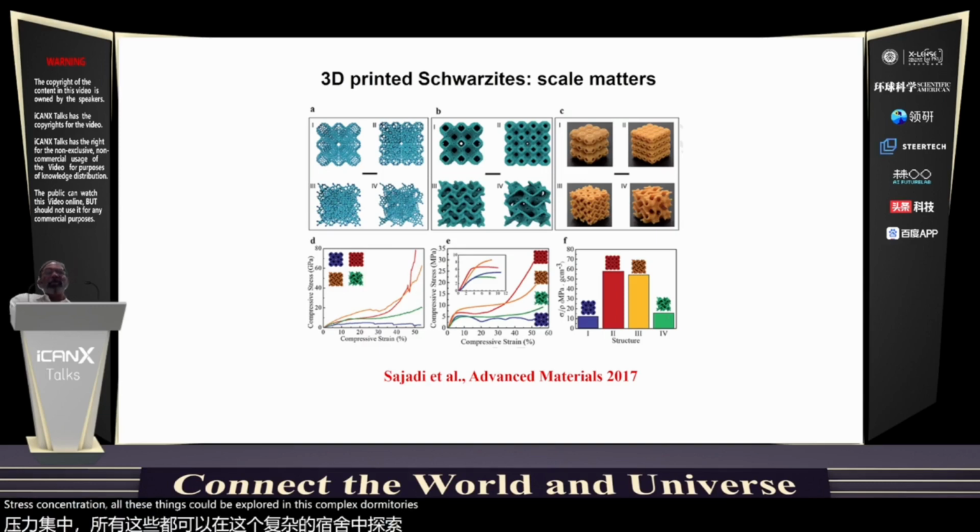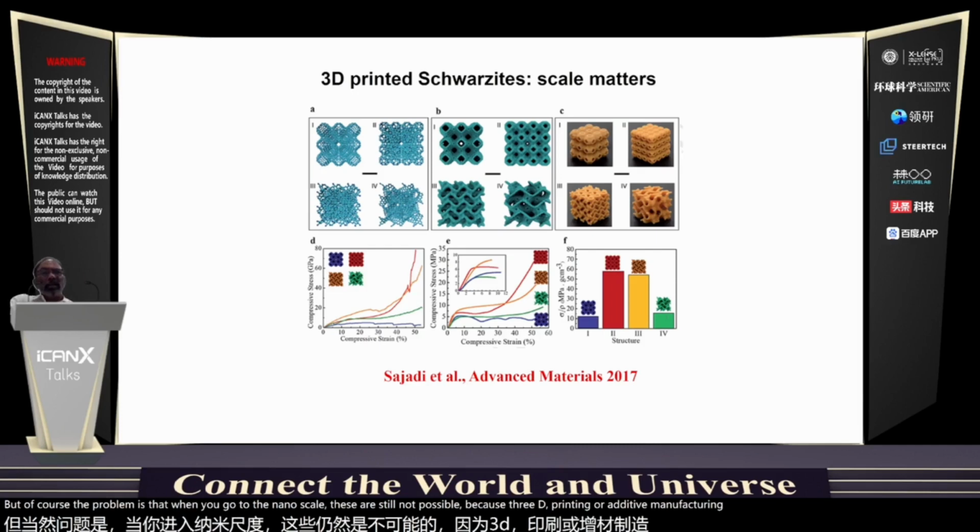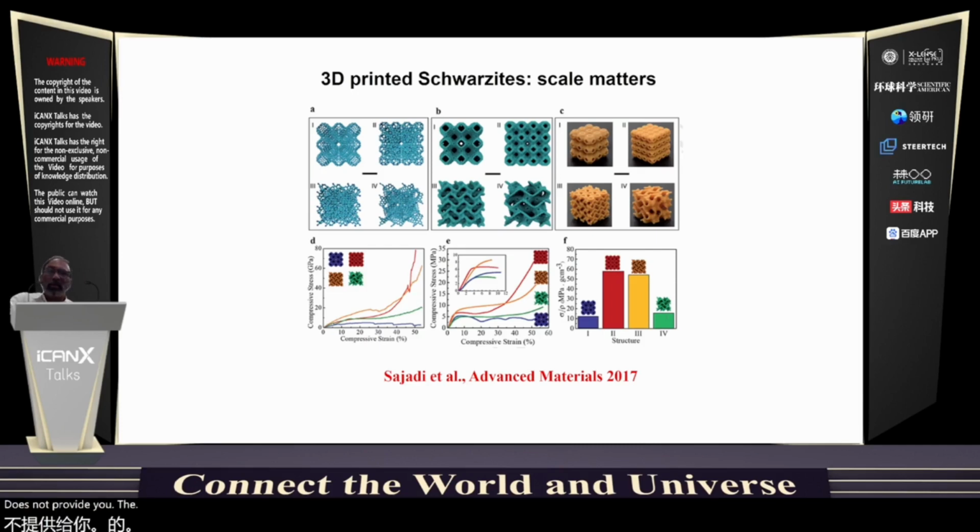But of course, the problem is that when you go to the nanoscale, these are still not possible because 3D printing or additive manufacturing does not provide you the resolution that you require to build these at the nanoscale. So that's really the big question. If you are not able to do this using scalable or continuous approaches like 3D printing, what other options do you have? Again, that's going to be the summary of my talk.